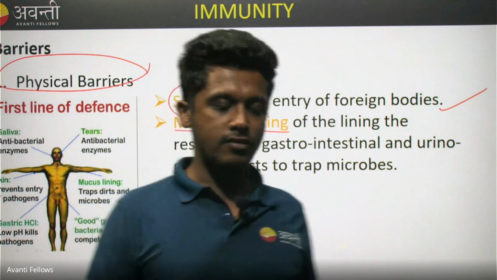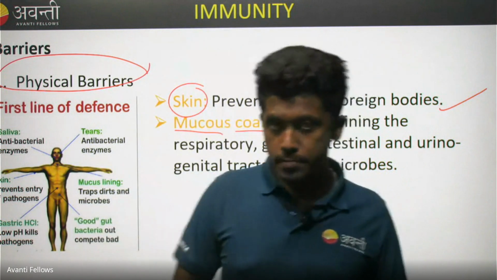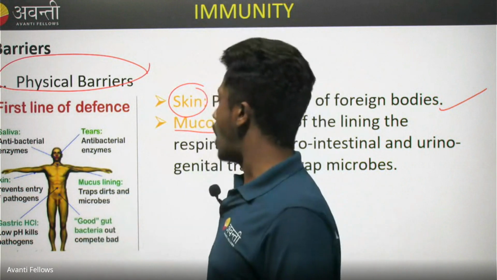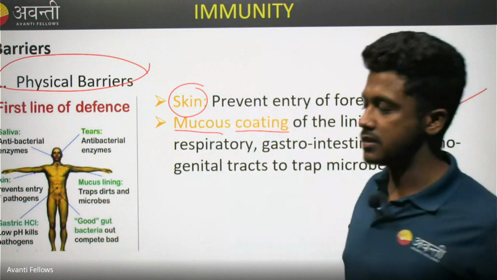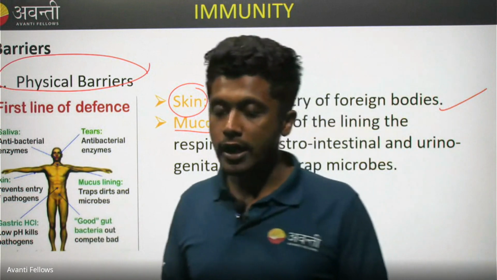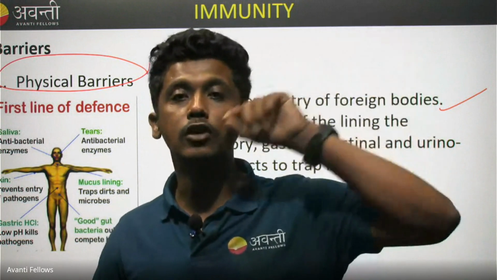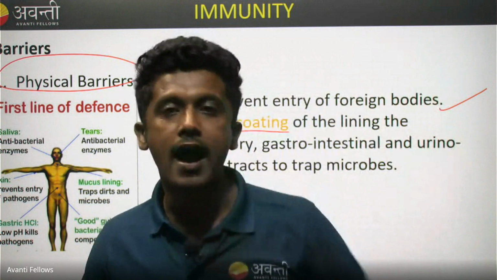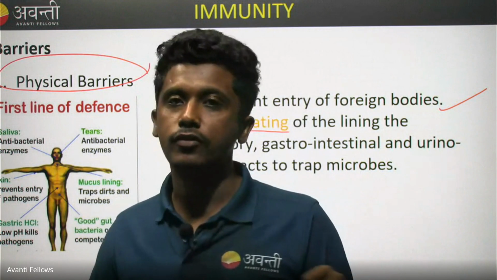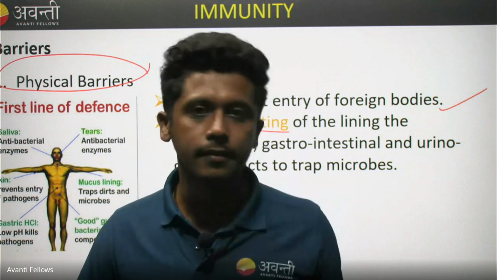You have gastric mucosa, respiratory mucosa, and urinogenital mucosa. All these mucus-secreting cells, or goblet cells, secrete a unique type of mucus pertaining to a particular organ or tract, where they trap microorganisms, and it has antimicrobial properties that digest them.